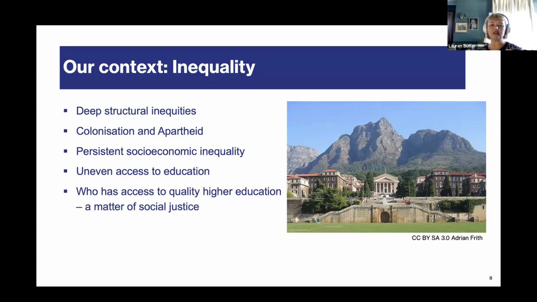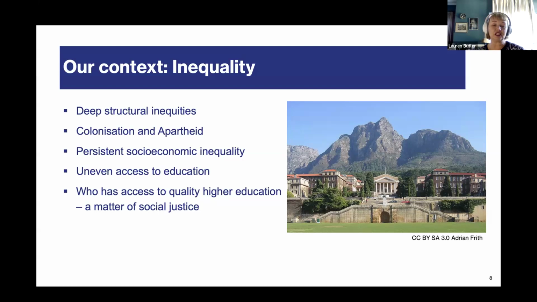And so it's against this backdrop that we have the question of who has meaningful access to quality higher education, and under what conditions they have that access. So we're saying that it's not a matter of providing resources and tools and technology.